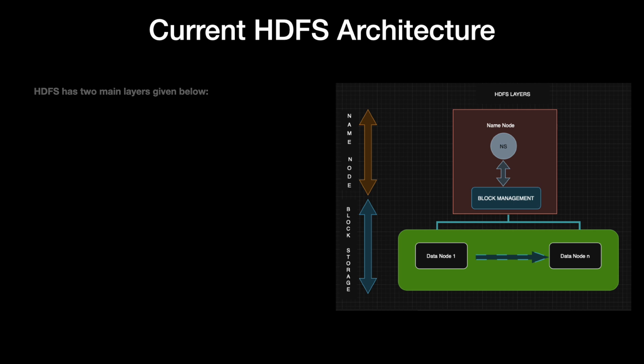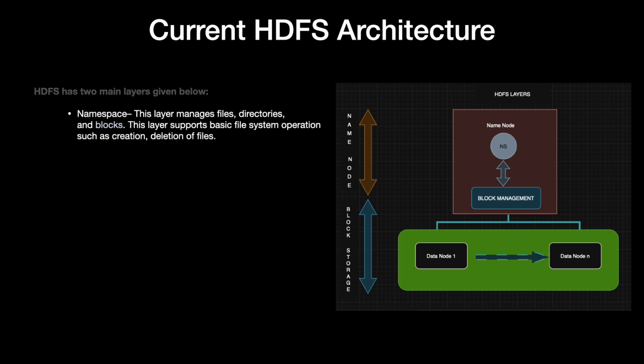As in this architecture diagram, the namespace is the layer that manages files, directories and the blocks in the cluster, and this layer supports basic file system operations like creating and deleting files.